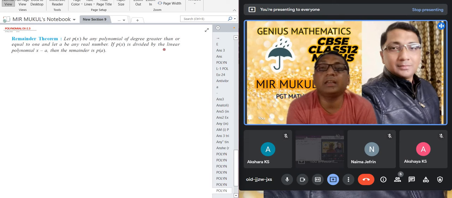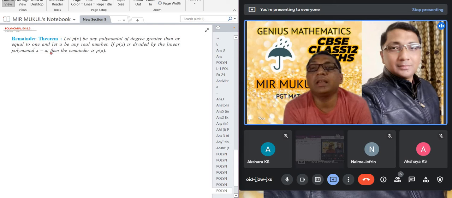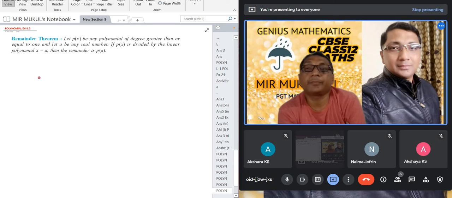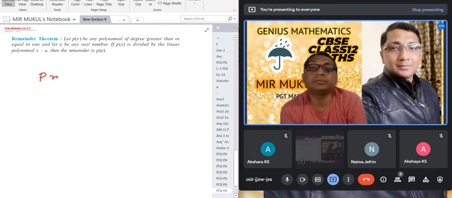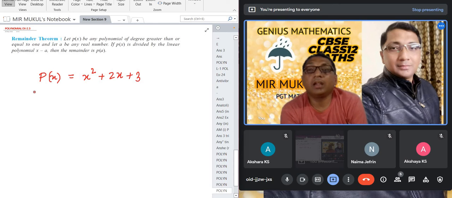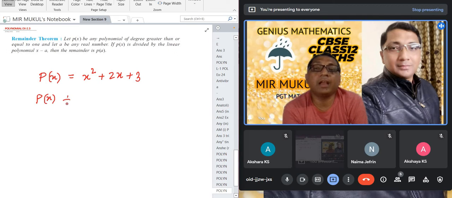If P(x) is divided by the linear polynomial x minus a, then the remainder is P(a). Suppose P(x) equals x squared plus 2x plus 3, and P(x) is divided by x minus 1.